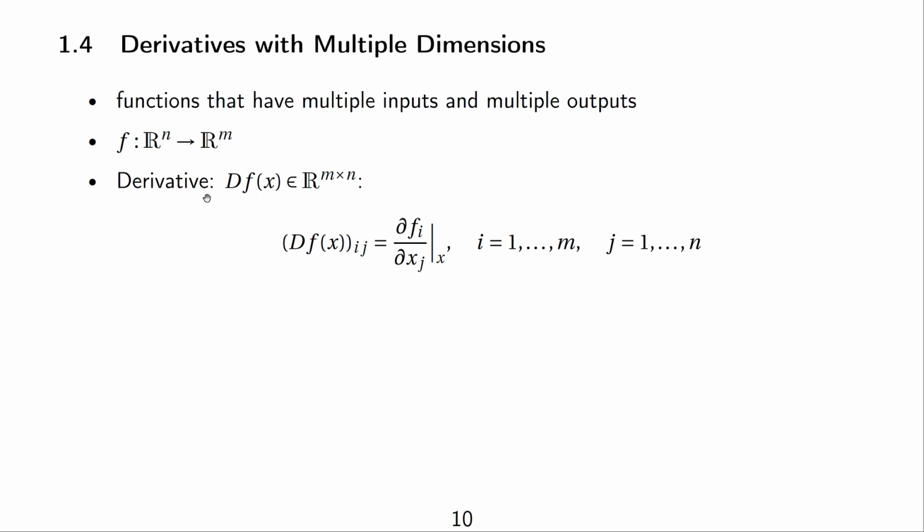But let's look at this derivative. So the derivative of this function f of x in this D notation is, I mean, this is maybe not a very proper definition, but let's imagine it as a matrix of size m cross n, where we look at the sensitivity of each possible output to each possible input.